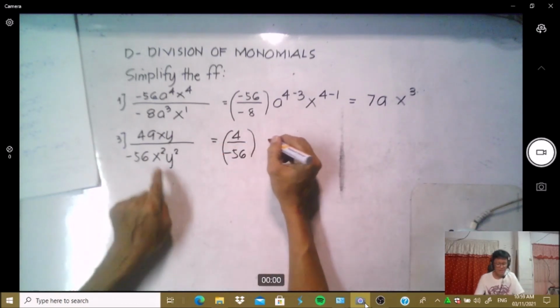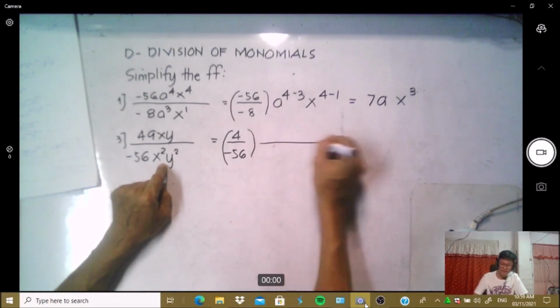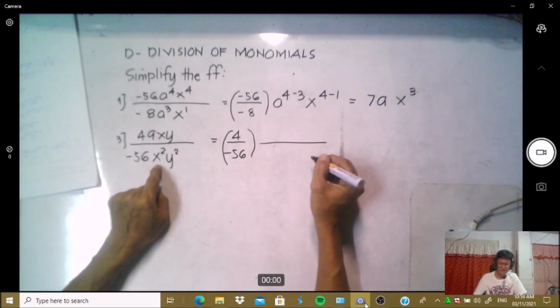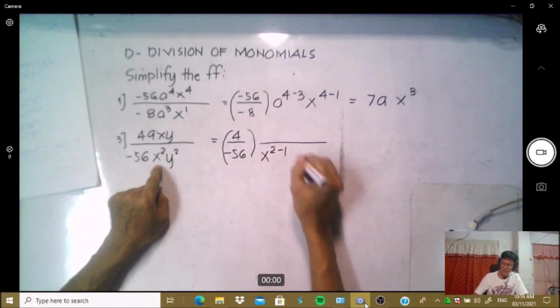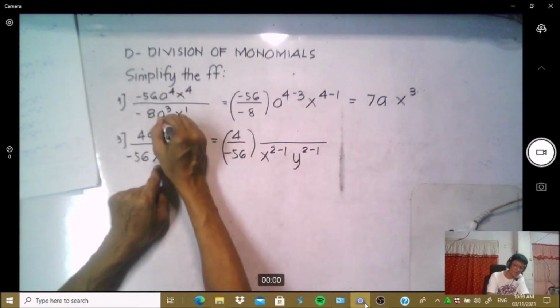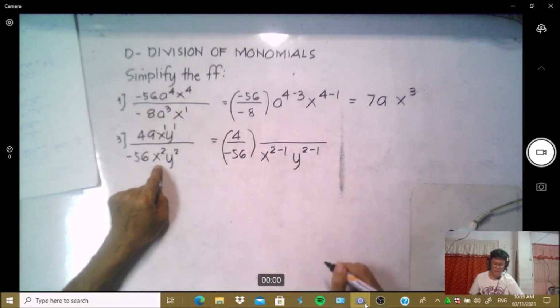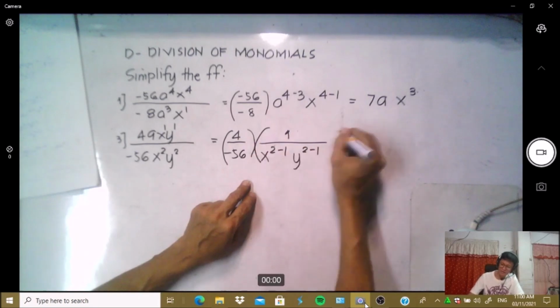Then, since x squared is larger than x, therefore we have x squared minus 1 in the denominator. And we also have y squared minus 1. It is understood that there is 1 exponent there. So therefore, we have to write also 1 here.